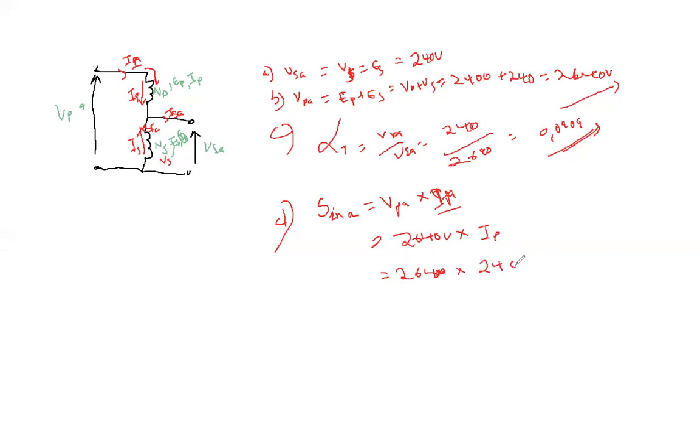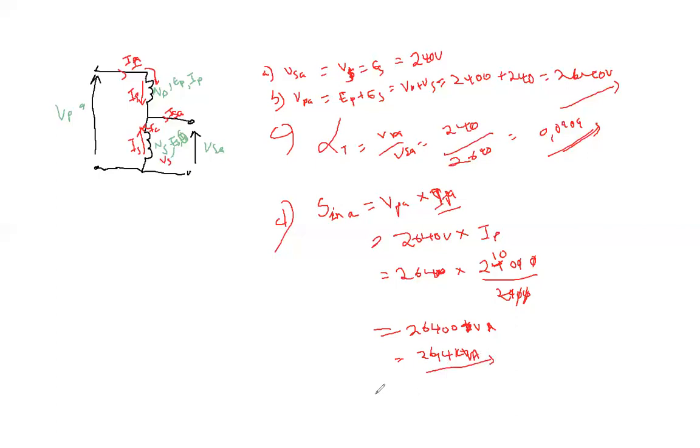IP from the two-winding transformer is equal to the rating, the apparent power, 24,000 divided by the primary voltage 2400. This one cancels that one, that one, that one. So that is 10. If you multiply that one, we're going to get 26400 VA, which is 26.4 kVA.